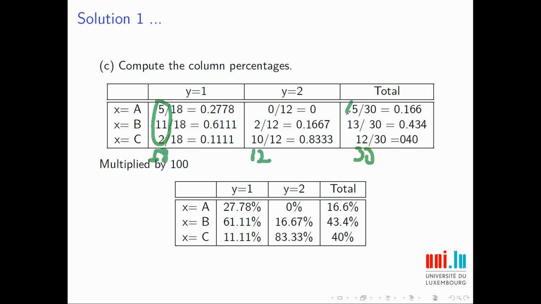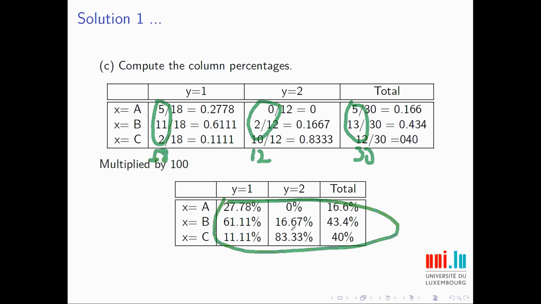This is the sum of the numbers. And afterward, you again find the ratios, and by multiplying by 100, you get these percentages. By doing this, we can see the frequency of pairs like A1, A2, B1, B2, C1, C2 by columns.